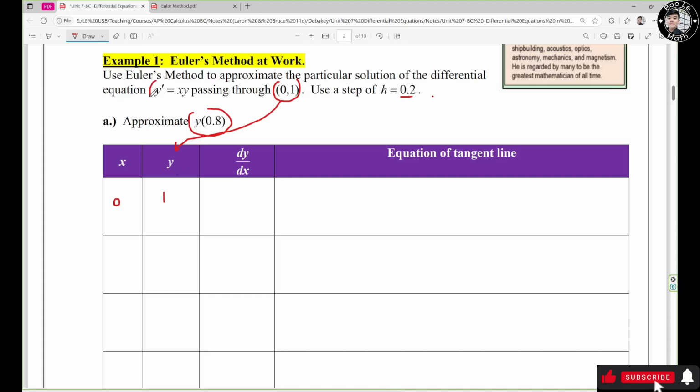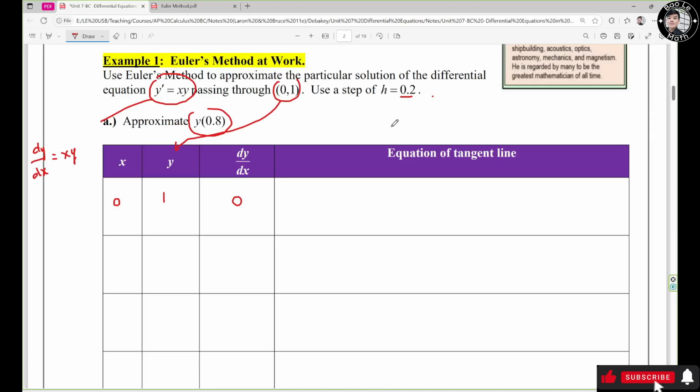Now this column is dy over ds equals s times y. To calculate it, you take s times y, which is 0. Now you need to write the equation of the tangent line.